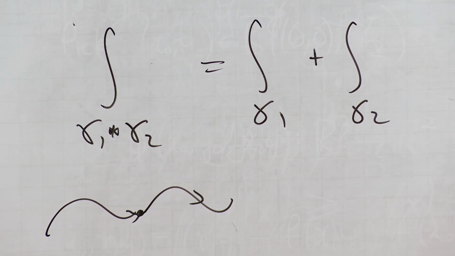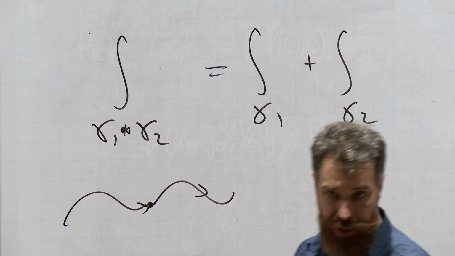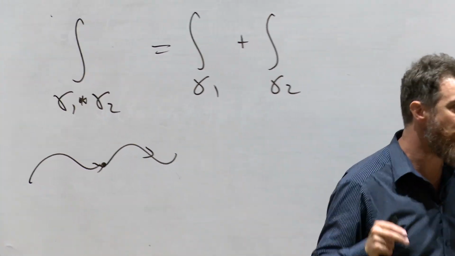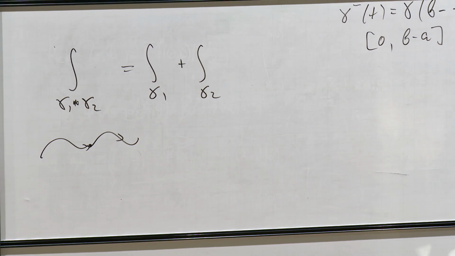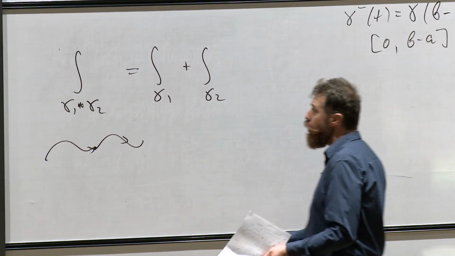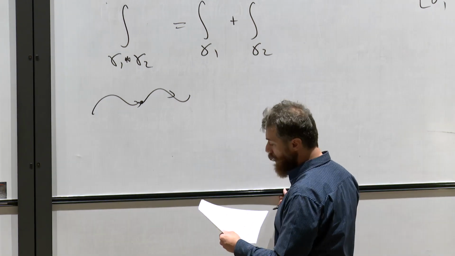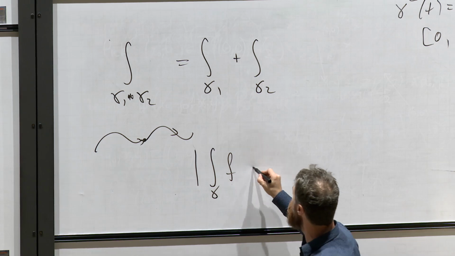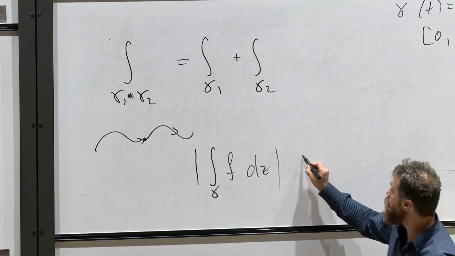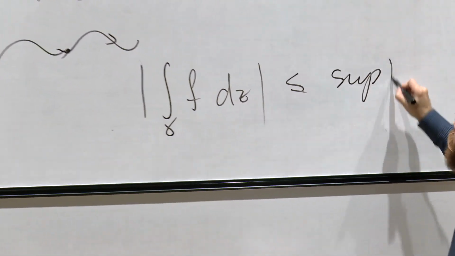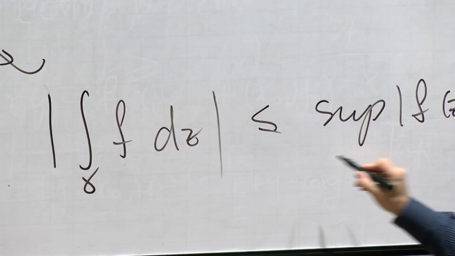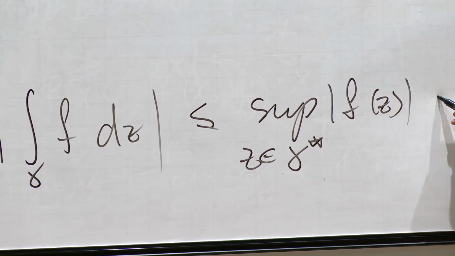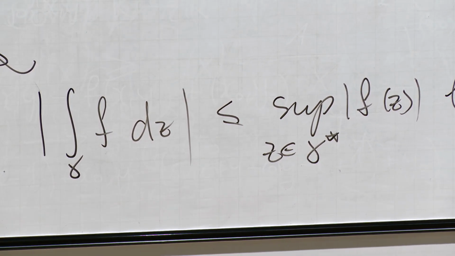So our integration is also linear with respect to curves, because this is the sum of two curves. And we have the more general ML inequality: the modulus of the integral over gamma of f dz is bounded by the supremum of f of z, where z is on our curve, times the length of gamma.